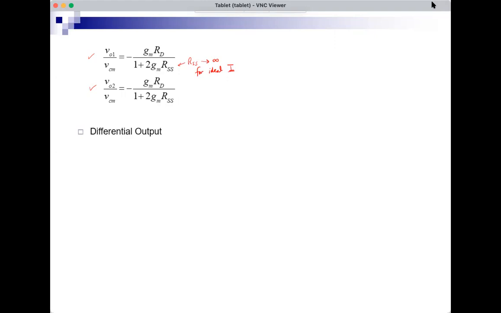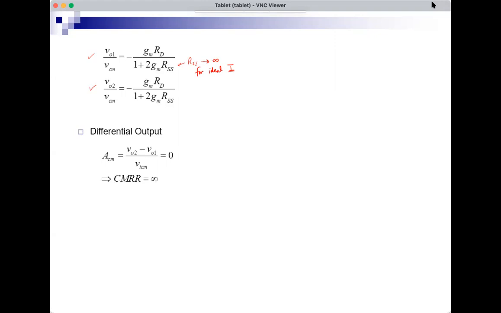And even if the current source is non-ideal, I can still get rid of the output if I take the output differentially. Because if I take VO2 minus VO1, if I consider my output to be between the two drains, because the two drain voltages are equal, then I can get rid of the output completely, even if the current source is non-ideal.